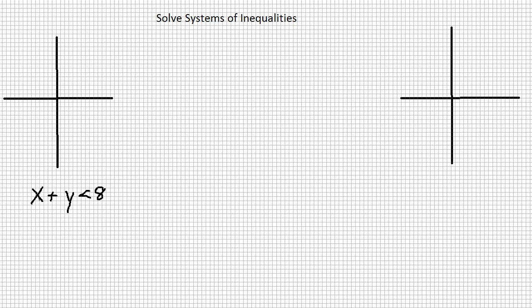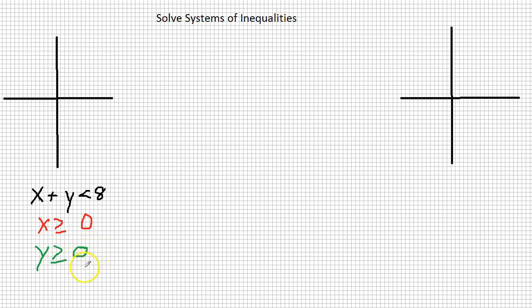And let me change colors here. And the next one's going to be x greater than or equal to 0. And our third graph, we'll put in green, is going to be y is greater than or equal to 0.